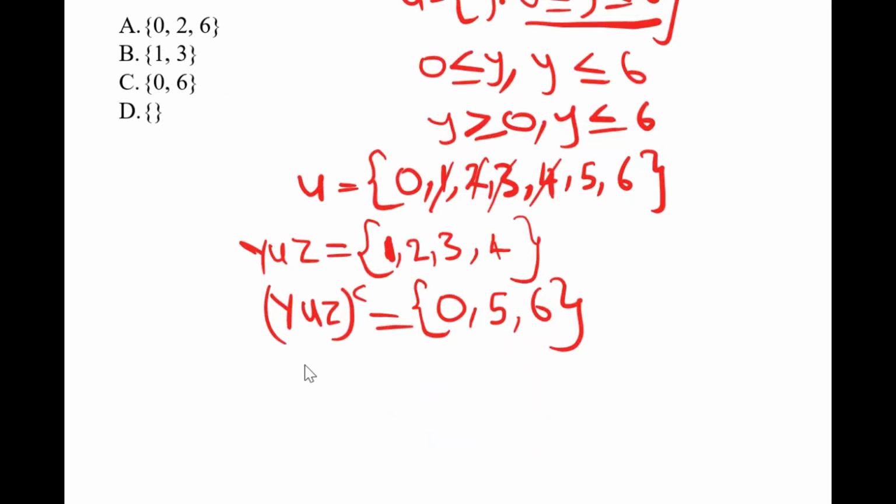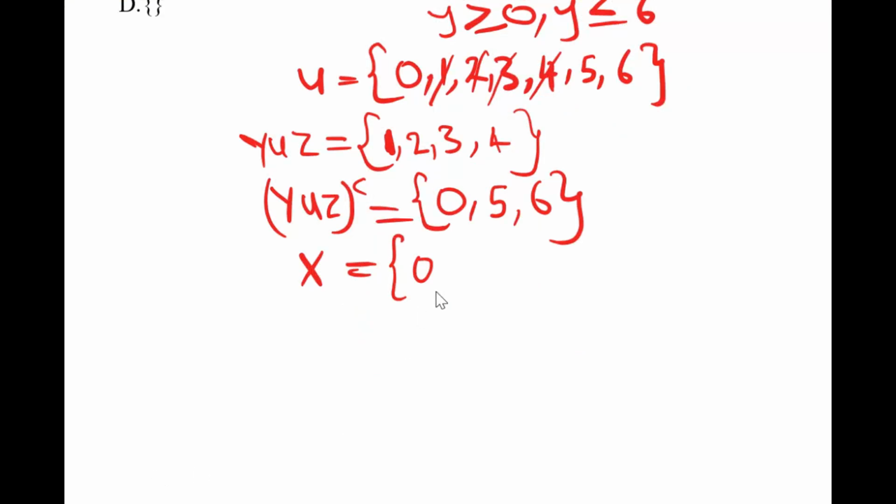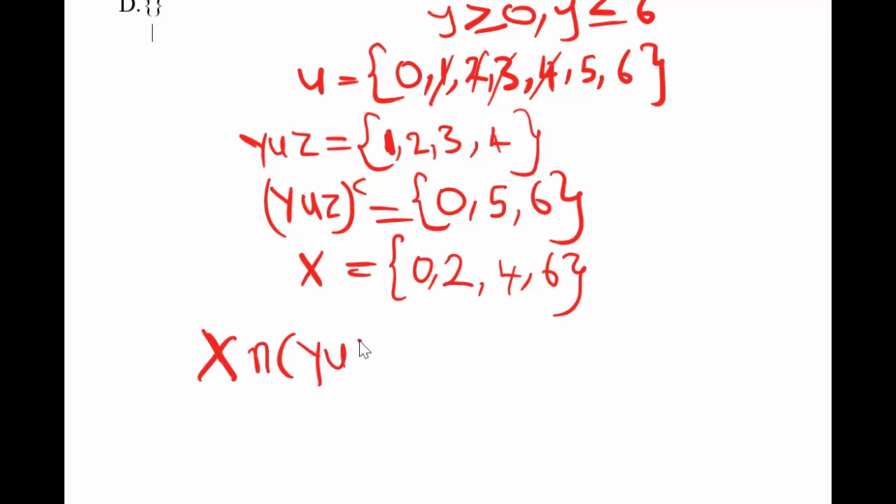Our X is equal to 0, 2, 4, and 6. Therefore, X intersection (Y union Z) complement will be equal to what this and this have in common.